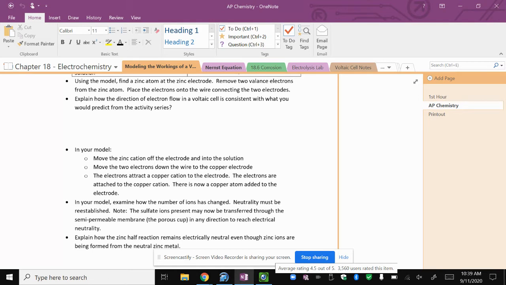All right, so if I look at the activity series, zinc is higher, so zinc is more active.